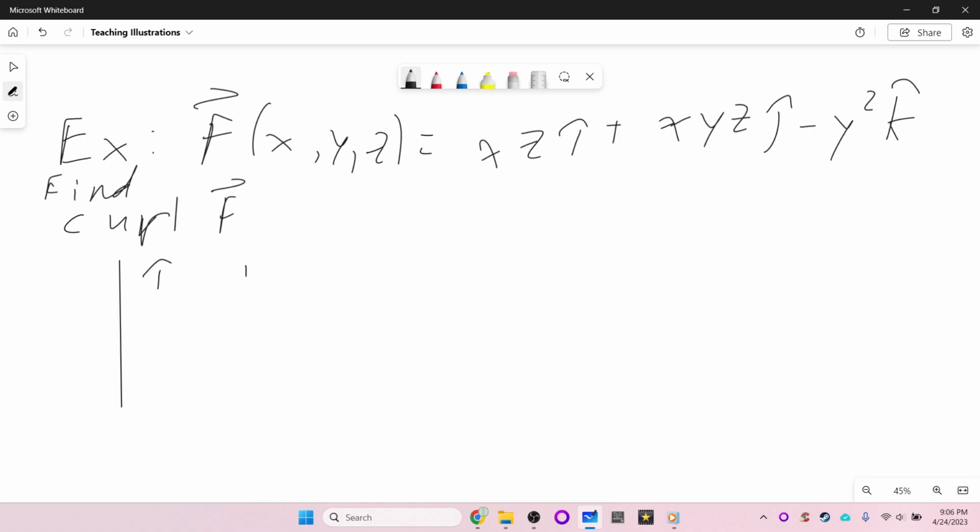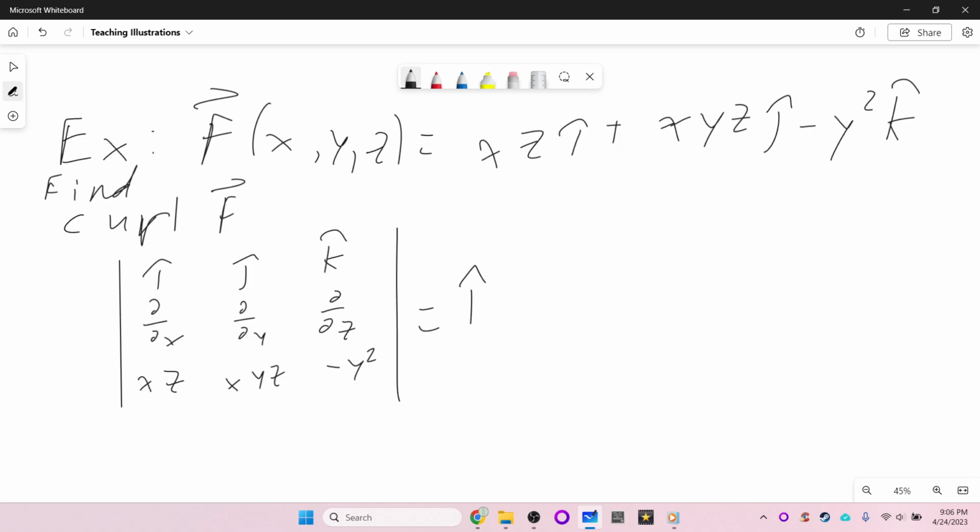i hat, j hat, k hat; del x, del y, del z; and then the three components here in order: xz, xyz, negative y squared. So we split this up. We get i hat, del y, del z, xyz, negative y squared.